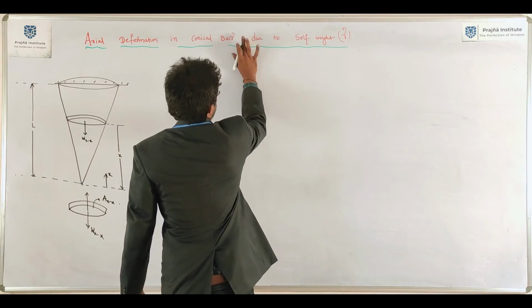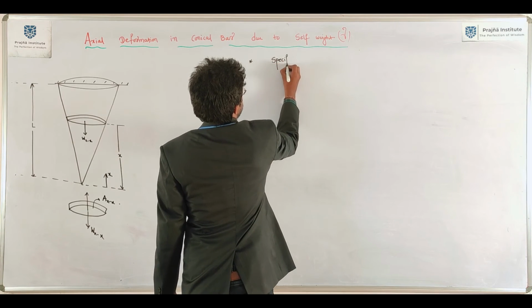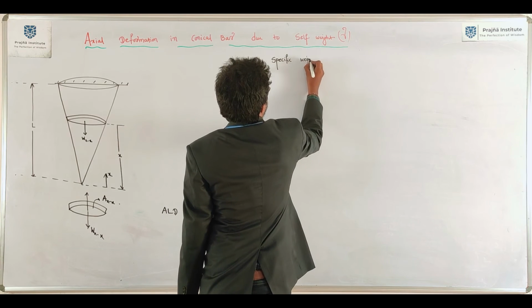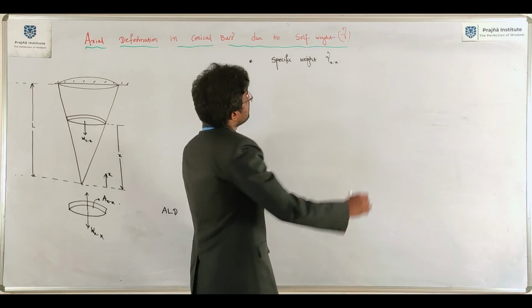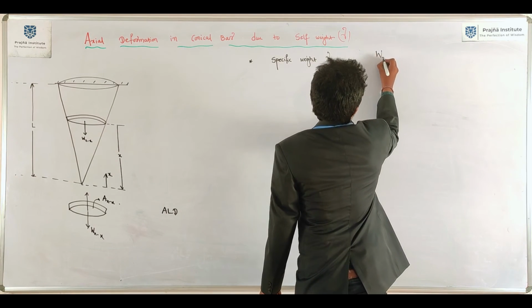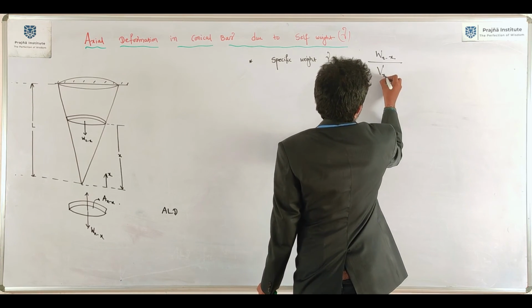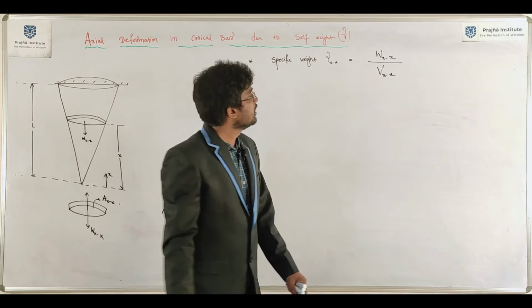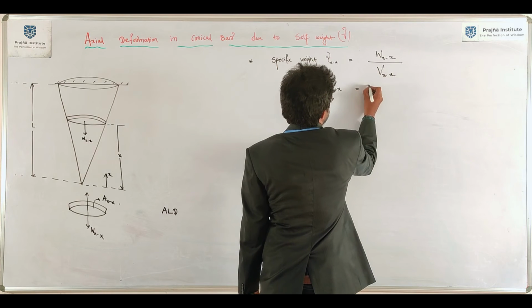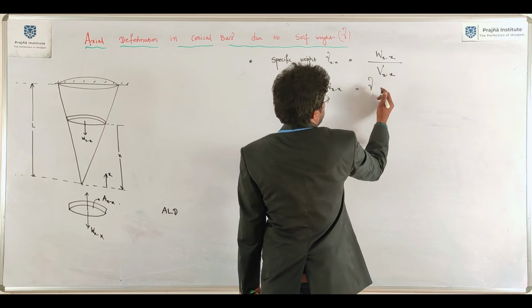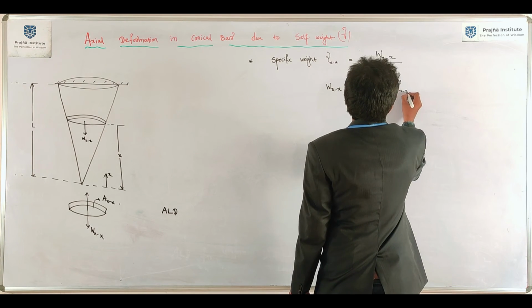Now, the specific weight of the material gamma equals the weight of the material at the cross section divided by volume. So W at XX equals gamma times the volume at the cross section.